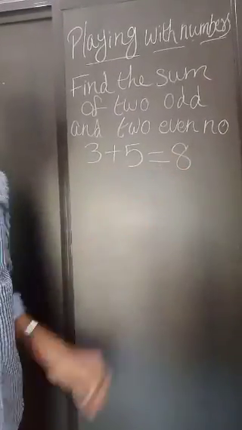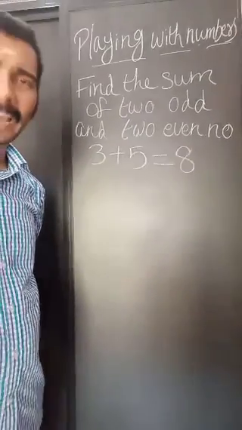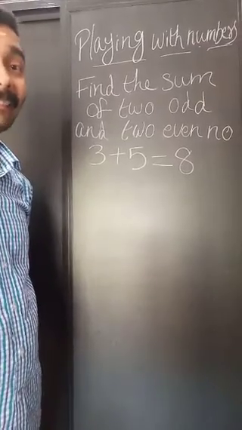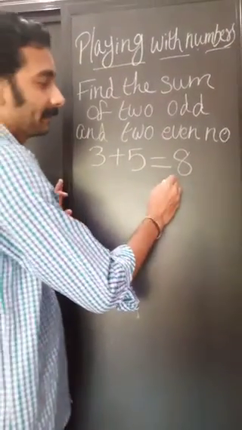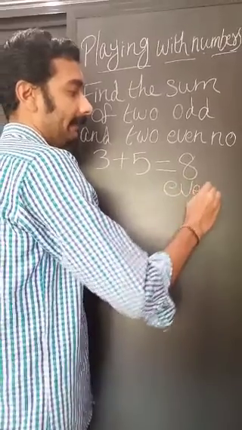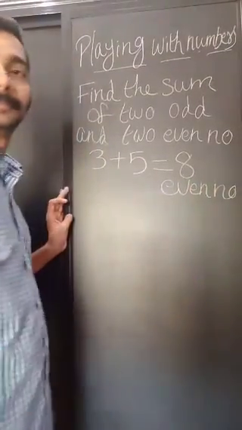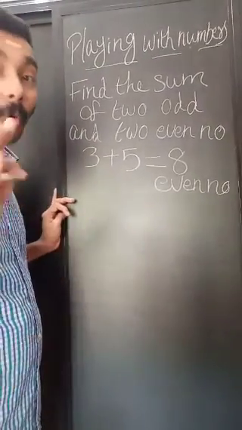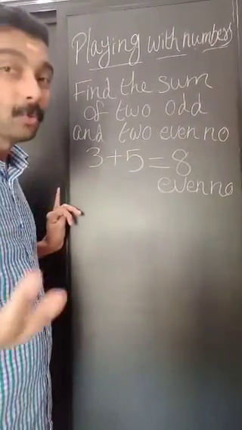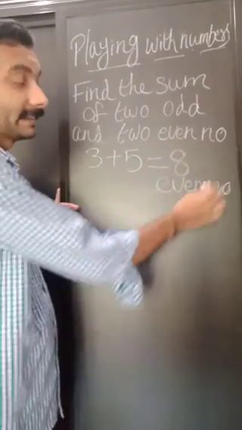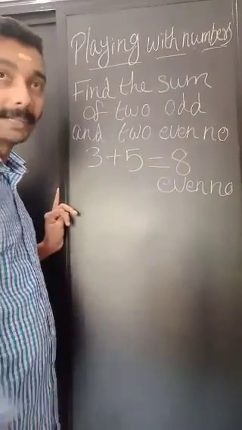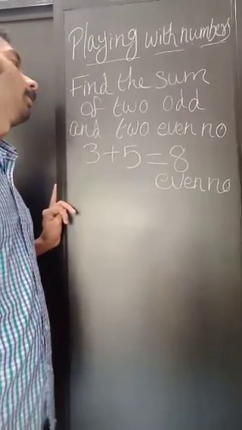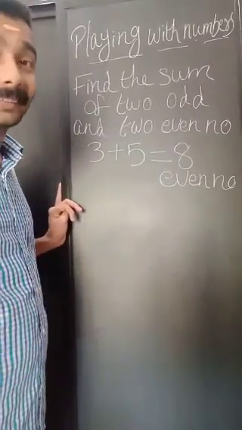What is 8? 8 is an even number. If we add any two odd numbers, we get an even number as the result. Clear?